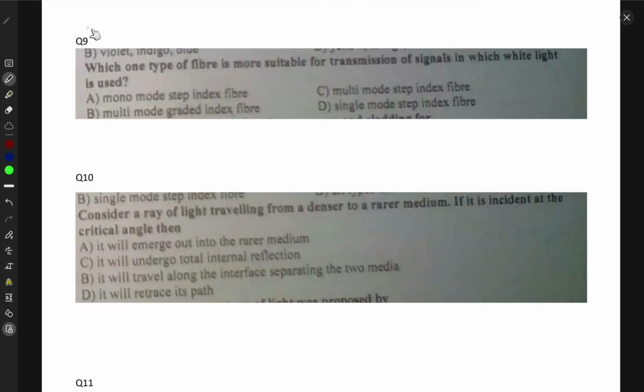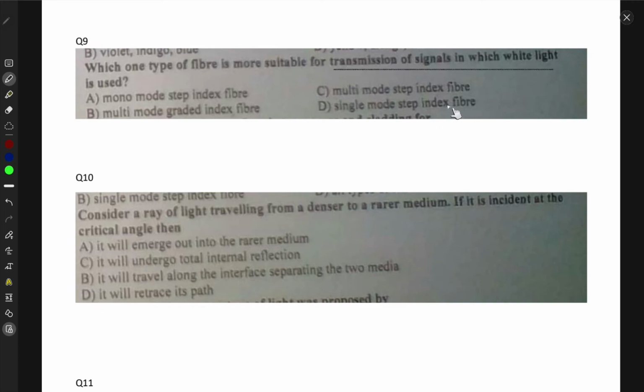So the next question is question 9. Which type of fiber is more suitable for transmission of signals in which white light is used? We have different options: mono mode step index fiber, multi-mode graded index fiber, multi-mode step index fiber, single mode step index fiber.